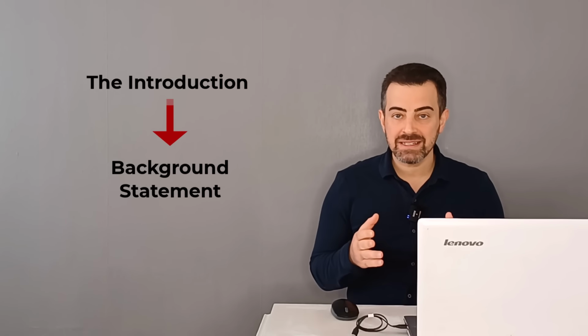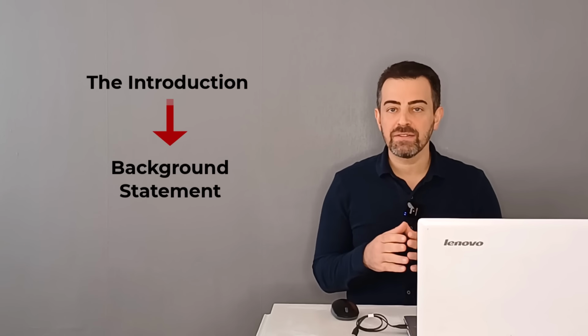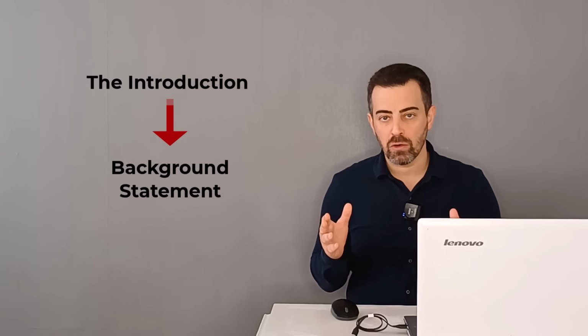The background statement is a kind of general statement that gives a broader view of the topic. It's an interesting sentence that captivates the reader's attention. And it can be something less specific and more general. For example, in this case, competition has always been an intrinsic part of human nature, helping humans get through life's ups and downs, survival challenges and strives.